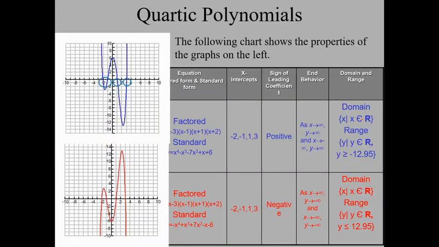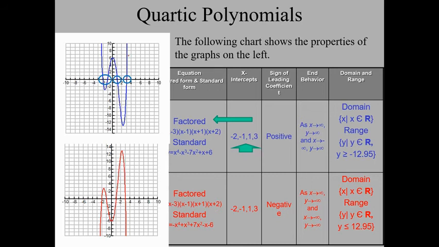Let's look at some examples, okay? Here we have, and this circle has two of the x-intercepts in it. I couldn't get it small enough. Notice again the factored form is going to be x minus 3, x minus 1, x plus 1, x plus 2, which represent your x-intercepts.